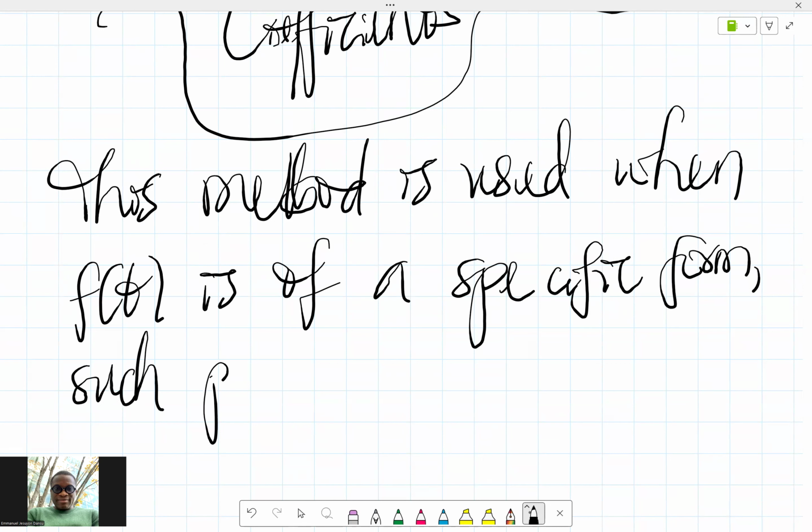So if f of t is of any of these forms, then we can use the method of undetermined coefficients. If it is something like the square root of something, that would be difficult to do, so we have to think of other methods.